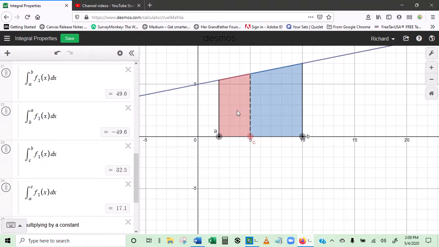Now what I want you to see is that the red area plus the blue area is equal to the total area. So in other words, it's one property of integrals, and it's kind of common sense, and it looks like this, okay?